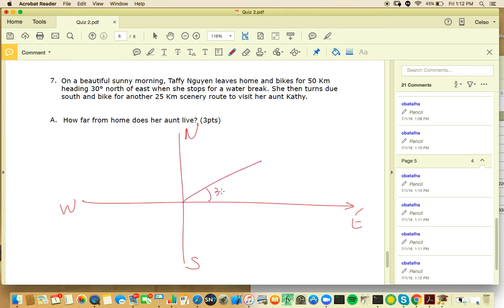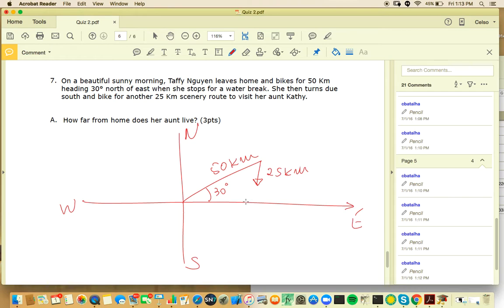So 30 degrees north of east, and this is pretty much a vector that has this much displacement. And she stops for a water break, then she turns due south for another 25 kilometers scenery route. So this is 25 kilometers, and she's going due south to visit her aunt Kathy.